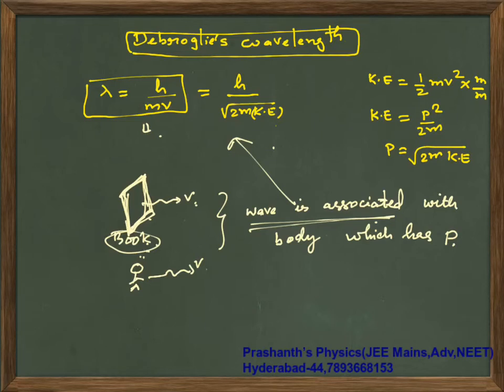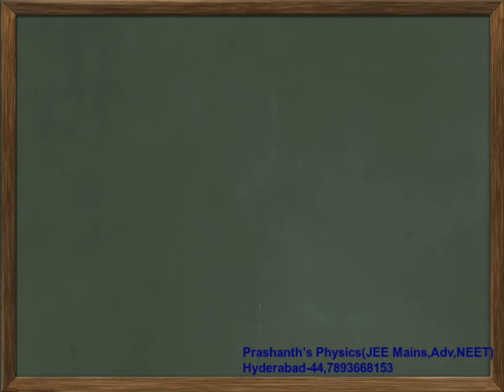Now for electrons and different subatomic particles, we will try to calculate this de Broglie wavelength. So if you accelerate it by some potential difference of delta V, for an electron, you must remember these results.